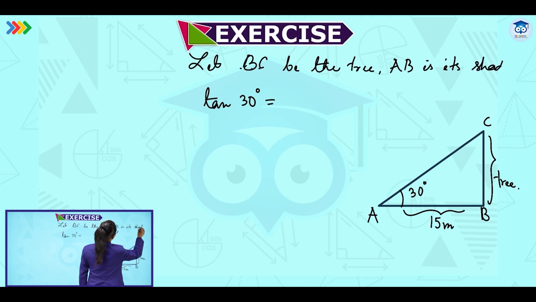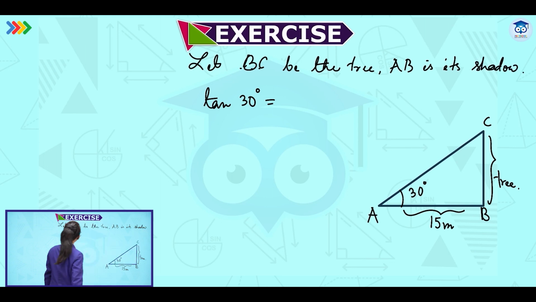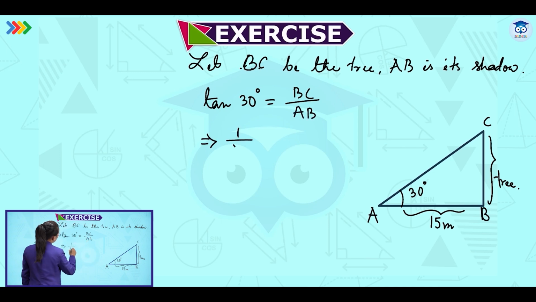Right? So we have tan 30, that is BC upon AB. So again this is 1 upon root 3, right? So BC value that is unknown, so you can take it as x, and AB is 15.